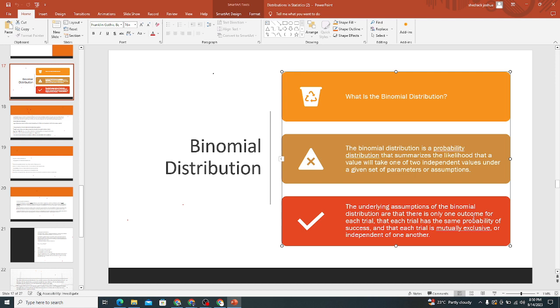The outcome of one trial does not affect the outcome of the other trial. Okay, all right, good, let's continue.